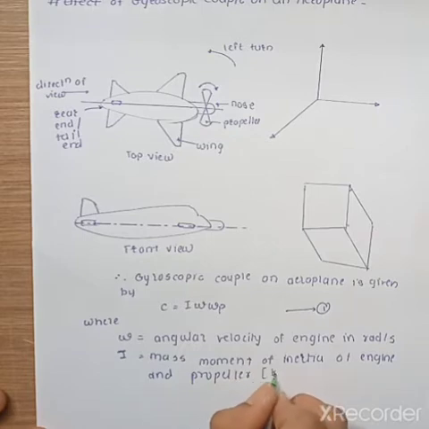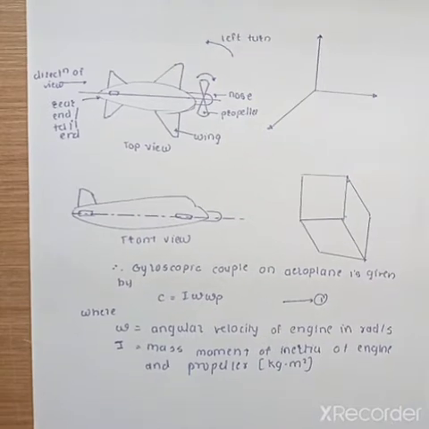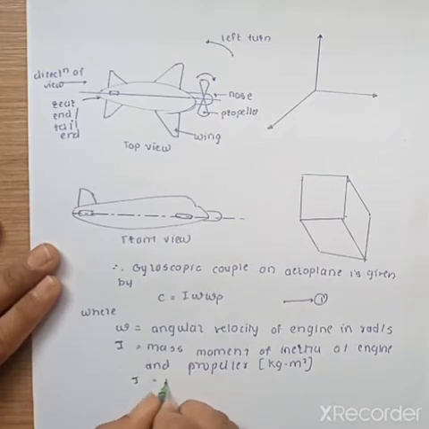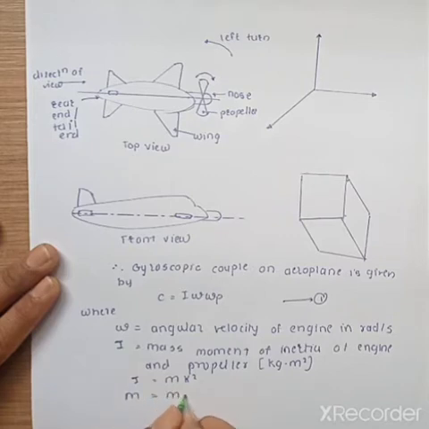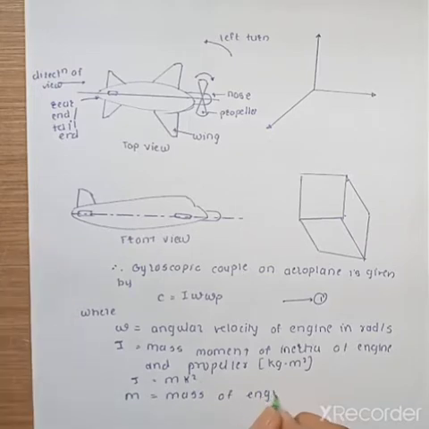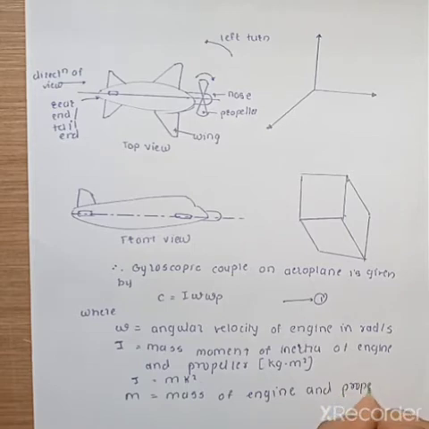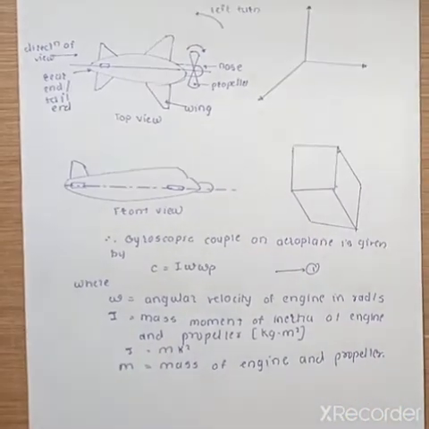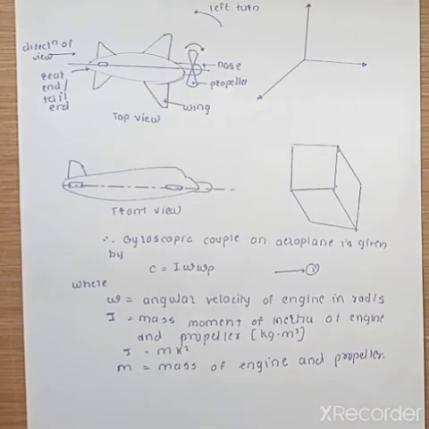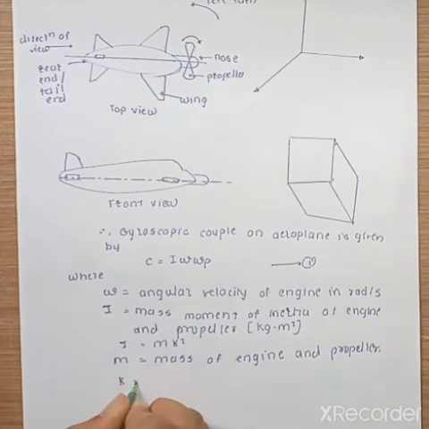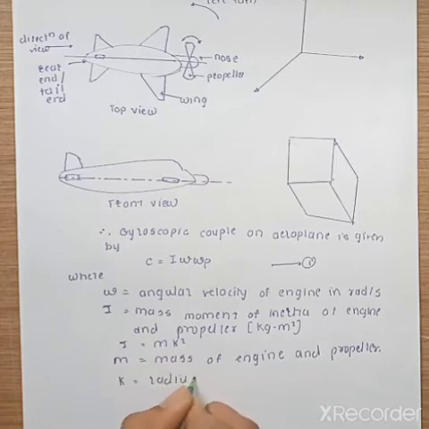It's in kg meter square. We all know in SOM we have studied the formula for I, that is I is equal to m k square. We all know that m is the mass of the engine and propeller, and it's in kg. Okay, and what is k here? K is the radius of gyration.